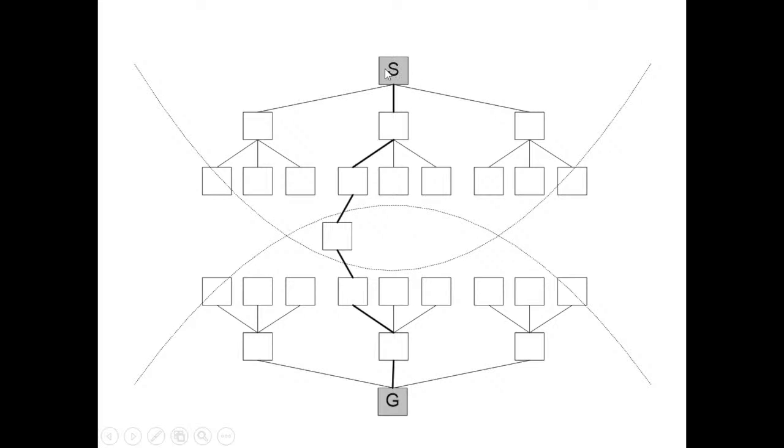For example, from the first state we generate the children of the first state for each operator applicable to the first state.